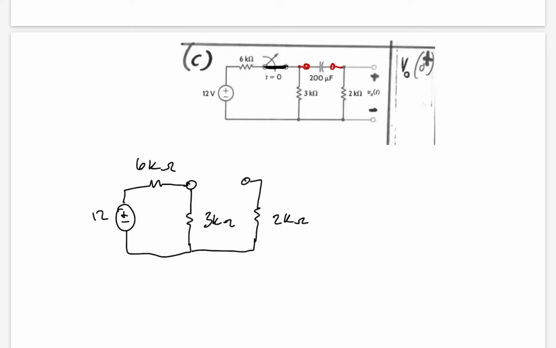Okay. And now we have these two resistors in parallel with each other, so we can do this, and that equals 1.2 mA.